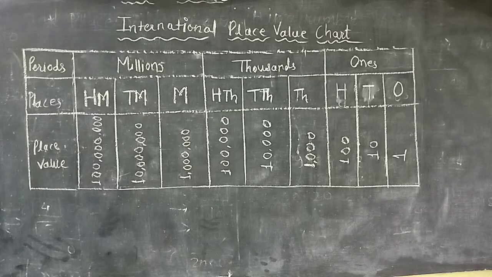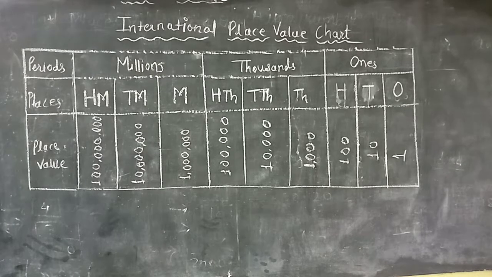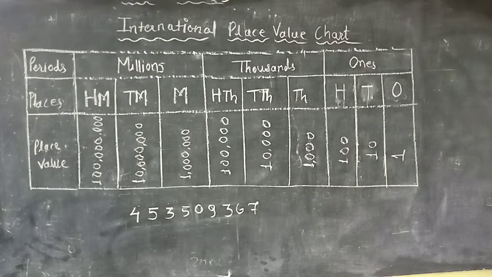Now we will see reading and writing large numbers in the international place value system. So let us see an example. As you can see on the board, I have written one number from your textbook. Before writing the name of that number, we have to put the commas in the given number.